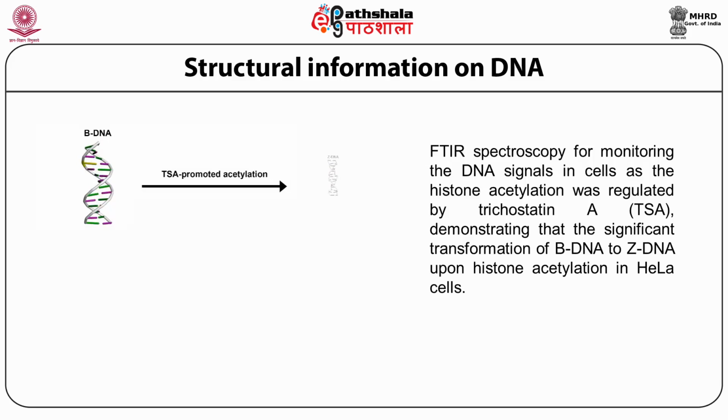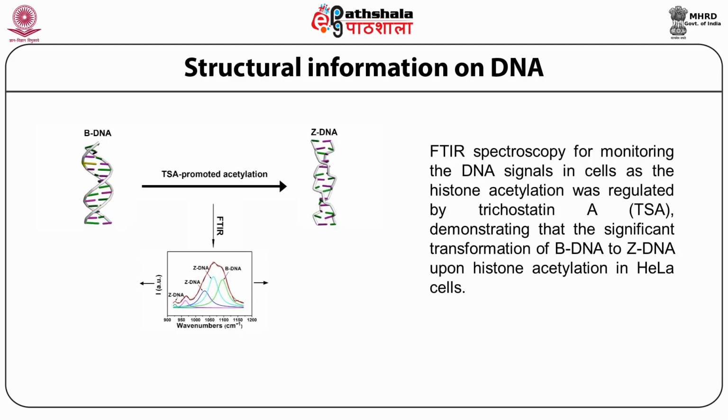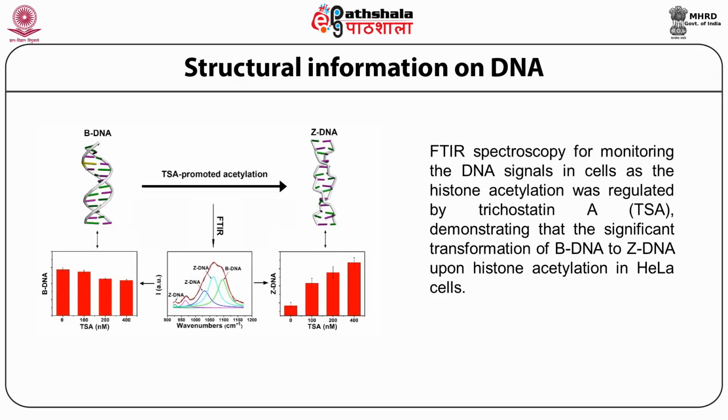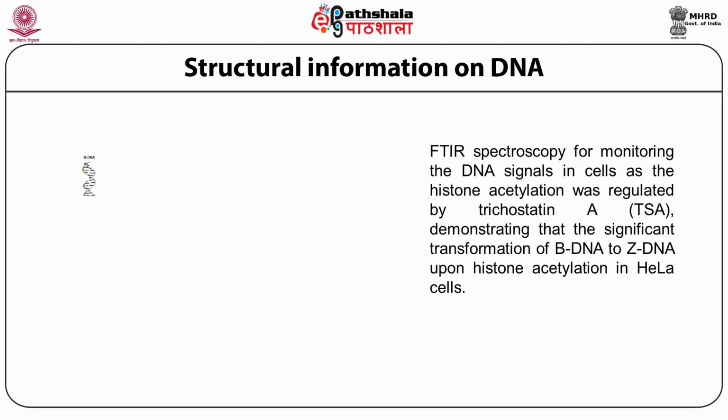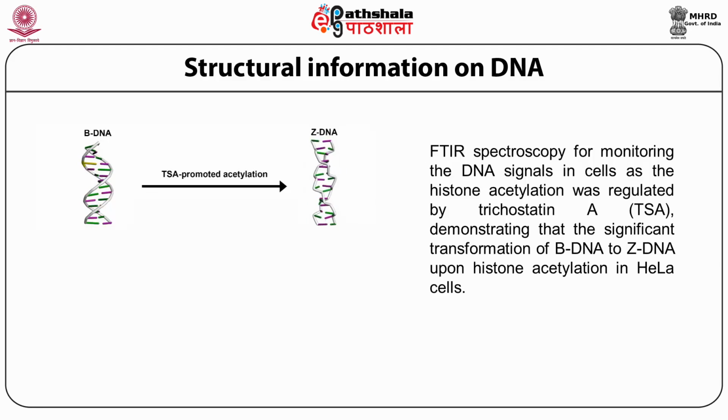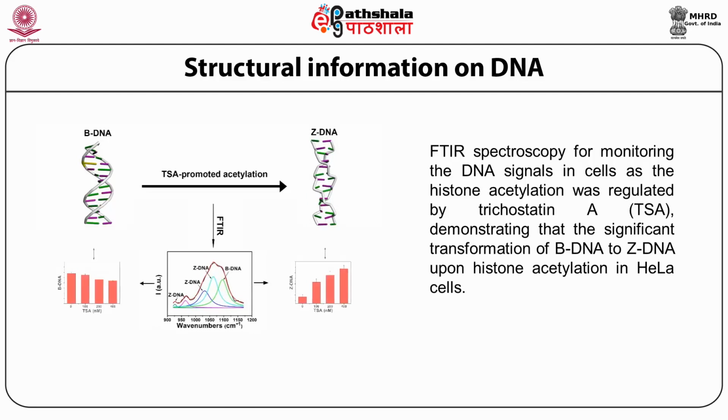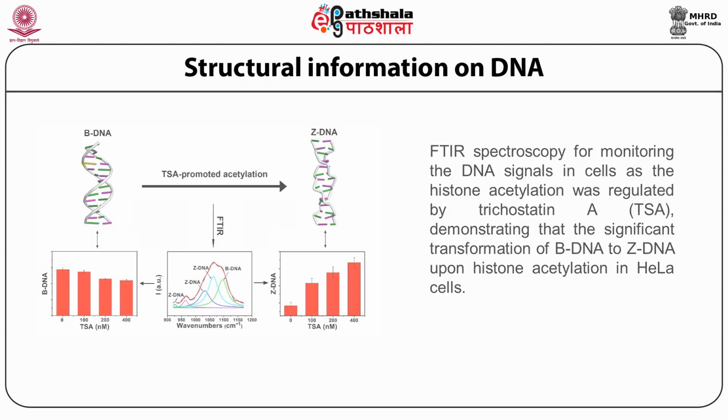So FTIR is not only used to see the structural information of a particular type of DNA, but it is also used to see the dynamics or the conversion of one form of DNA to another form upon chemical modification, and that can easily be identified by FTIR spectroscopy.